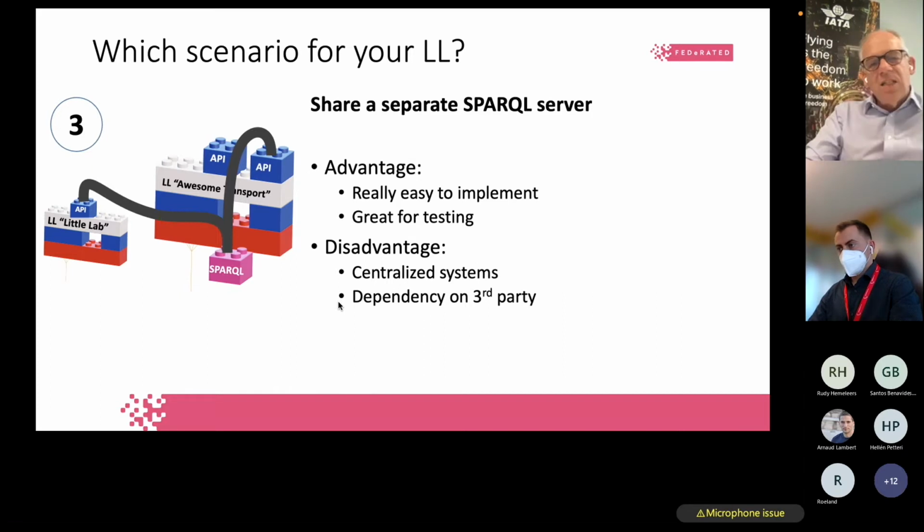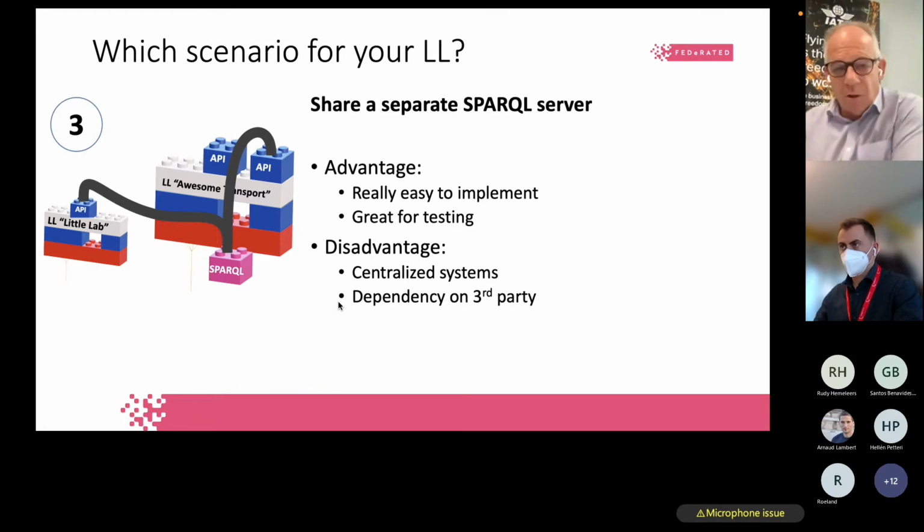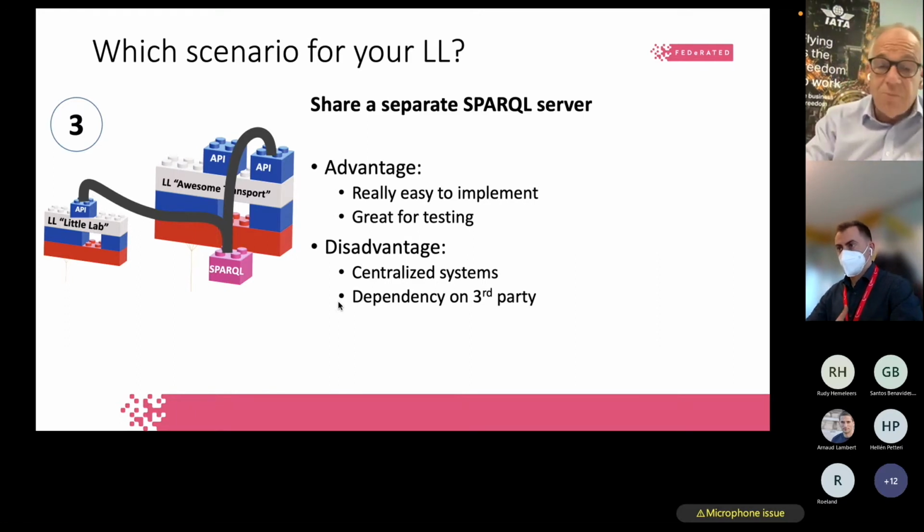And what is nice, and certainly this is what I would do, and that's what I'm going to show you as well, is that it saves you from a lot of work. You can do all the testing, you can play around, you can mess around. And most likely, your Living Lab is not going to be an operational system, at least not yet. For the time being, they're labs. I mean, they may become operational, but while you're developing it, it's a lab. And in labs, you do testing.